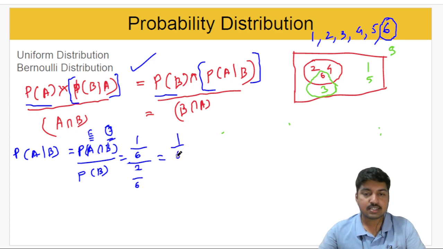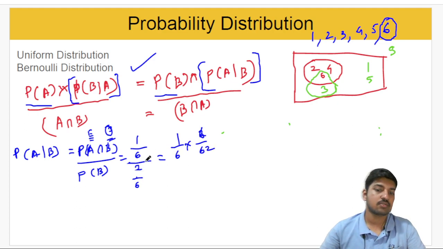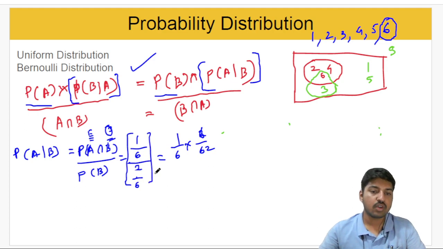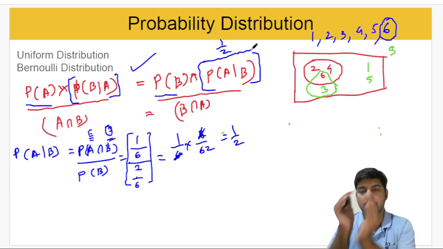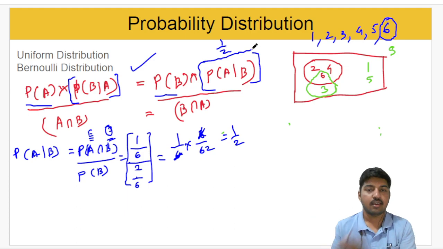So 1 by 6 into 6 by 2, this is the inverse multiplication. This 6 will get cancelled with this 6 and we get 1 by 2. So we got probability of A given B as 1 by 2, correct? This part up to here clear? Yes. So one portion we have calculated, that is 1 by 2.